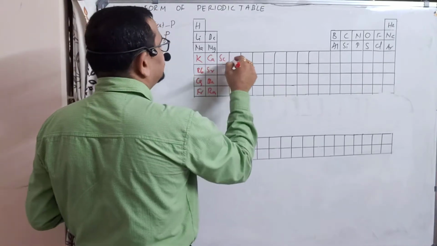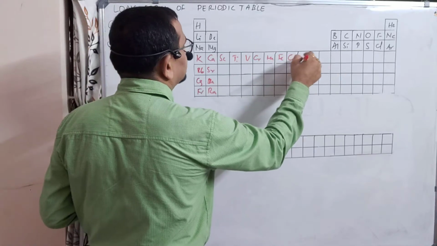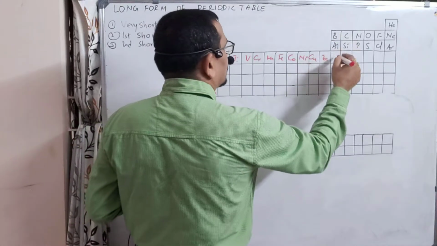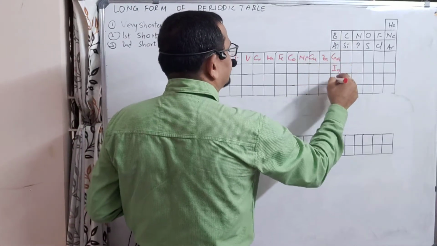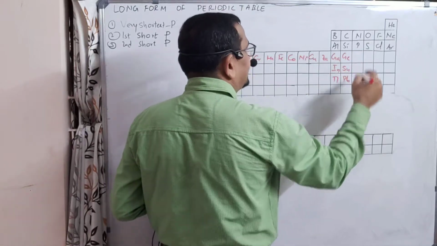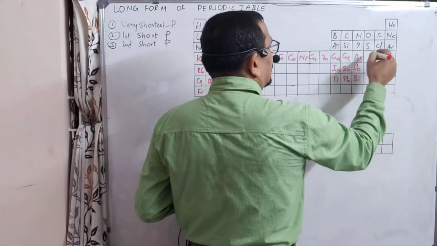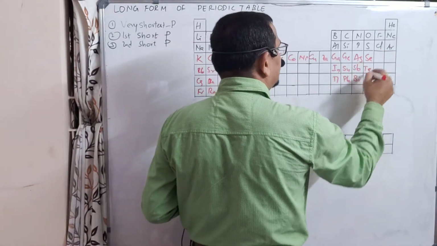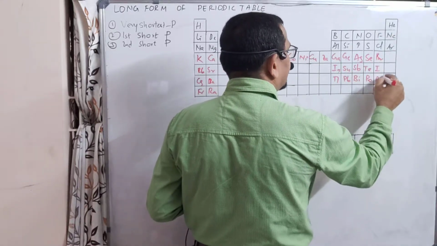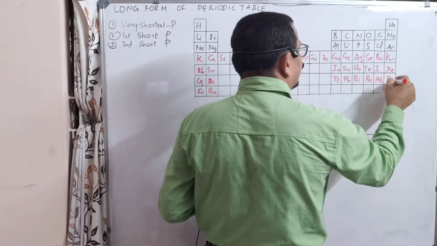This one is scandium, titanium, vanadium, chromium, manganese, iron, cobalt, nickel, copper, zinc, boron, aluminium, gallium, indium, thallium, carbon, silicon, germanium, tin and lead, nitrogen, phosphorus, arsenic, antimony and bismuth, oxygen, sulfur, selenium, tellurium and polonium, fluorine, chlorine, bromine, iodine and astatine, helium, neon, argon, krypton, xenon and radon.